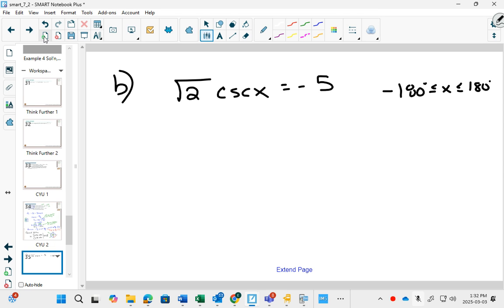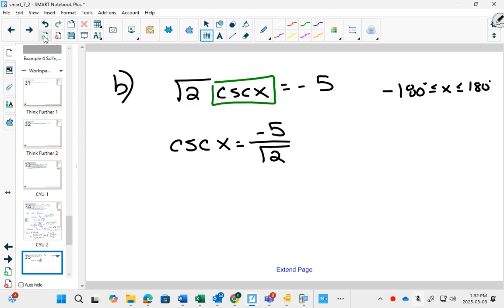And then also write the general solution. So our trig function this time is cosecant. Doesn't matter which trig function you have, you would like to get that by itself. So I can get that by itself by dividing both sides by the square root of 2.